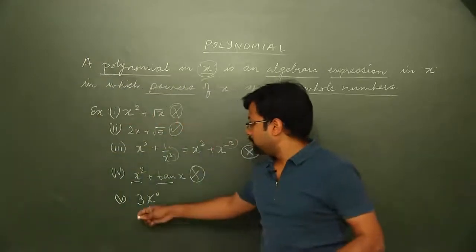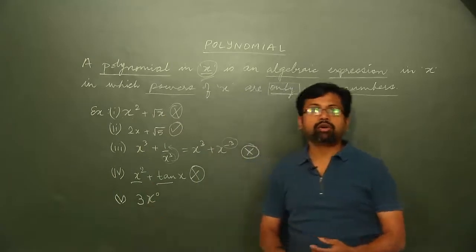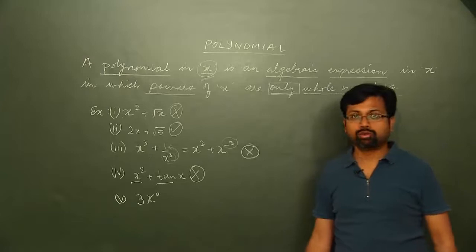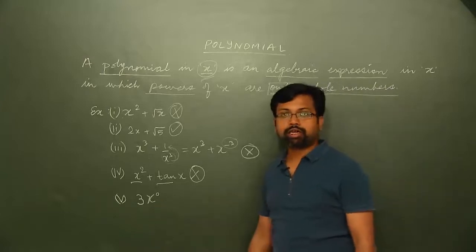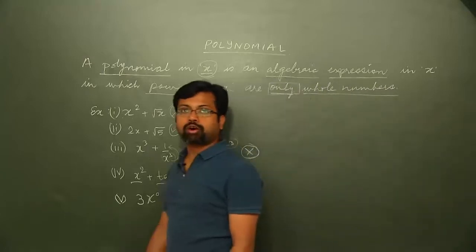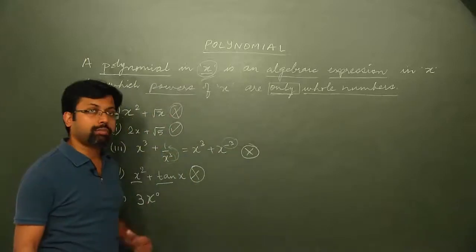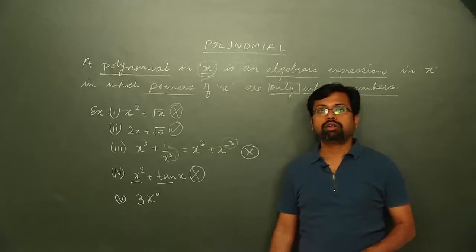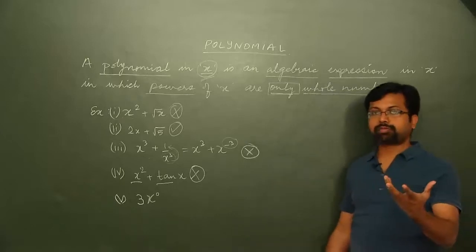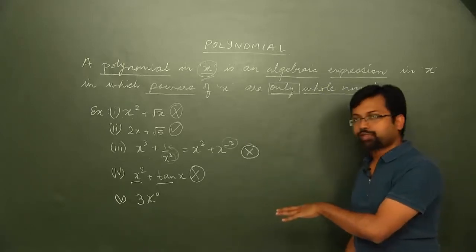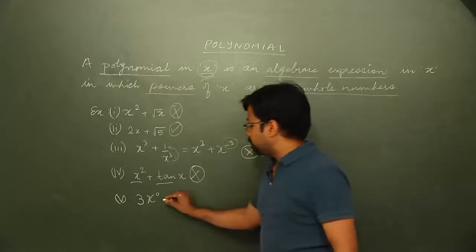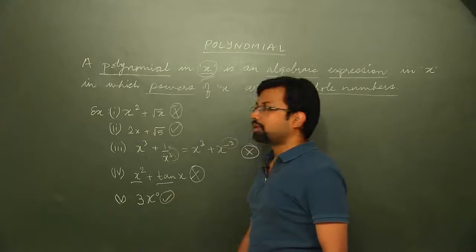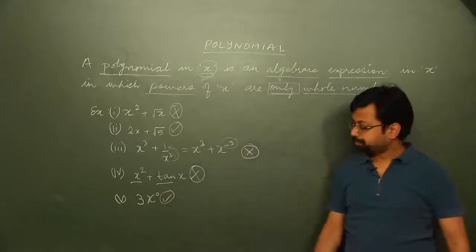So 3 that was given earlier could be written as 3 into 1, and 1 could be written as x to the power 0. Now we have involved an x here, and is the power of x a whole number? Of course, 0 is a whole number. Hence all the conditions that are given for classifying any expression as a polynomial are satisfied here. Hence this number 3 would qualify as a polynomial in x.